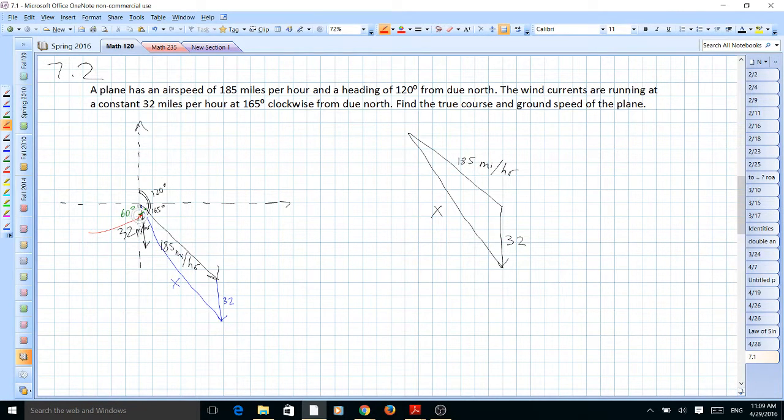That little guy has to be 165 subtracted from 180. That's only 15 degrees. That's why it's so little. And I also know that the difference between 60 and 15 is 45 degrees. So that's the other part of my red. So that's 45 degrees.